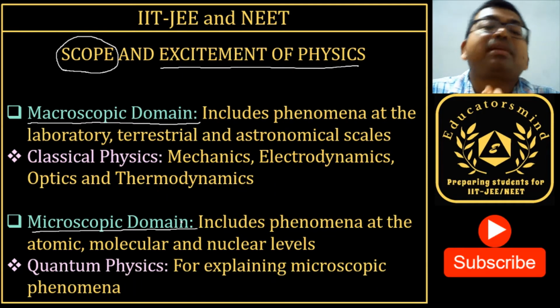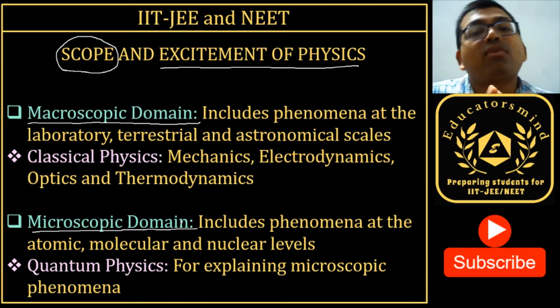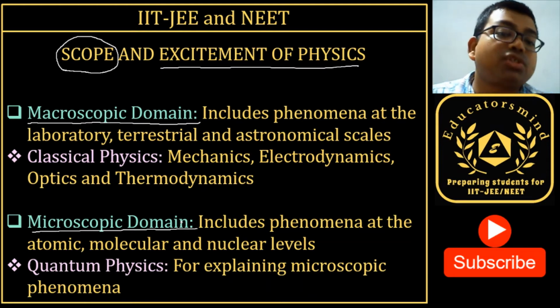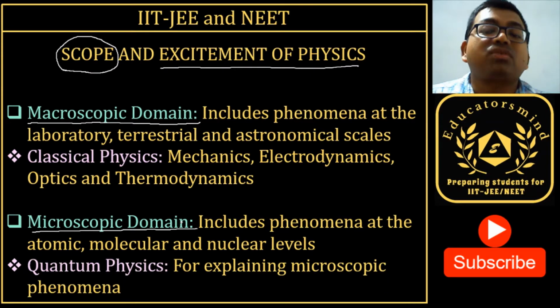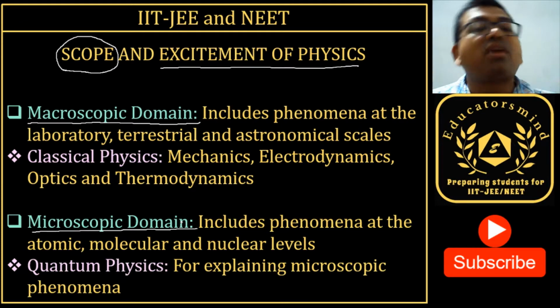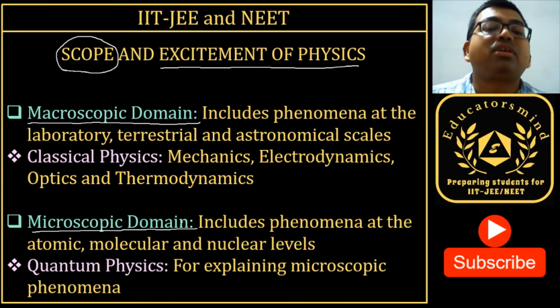Physics is applicable to all the physical phenomena, the concepts that you study, but basically there are two domains of application. One is the macroscopic domain, big, like for example planets or celestial bodies, different solar systems, galaxies, at a big level of measurement.